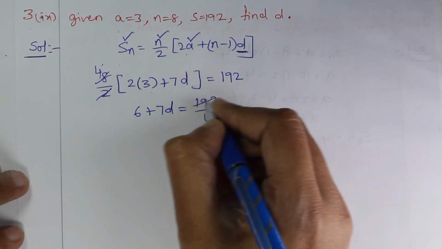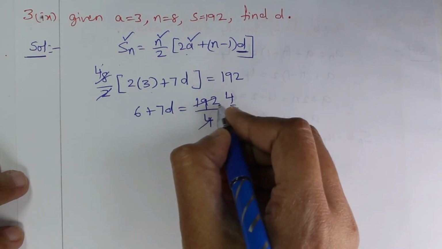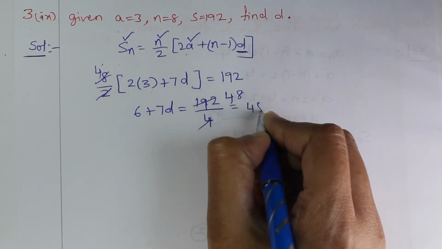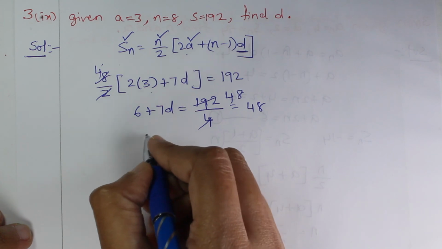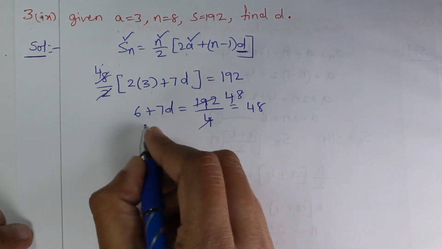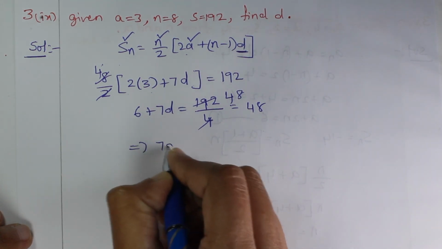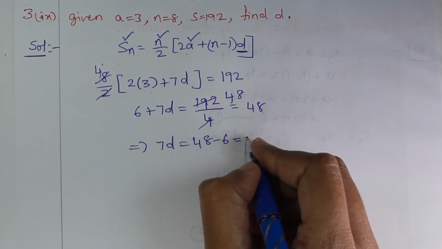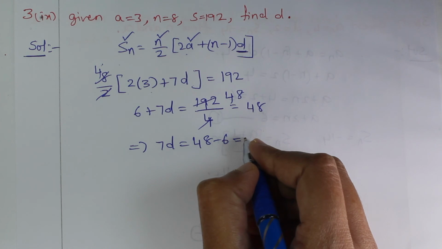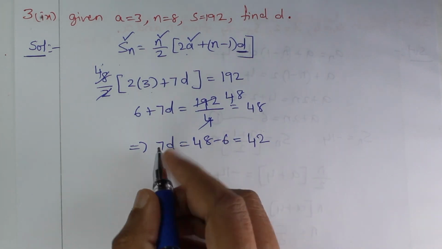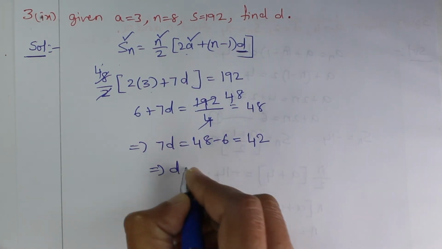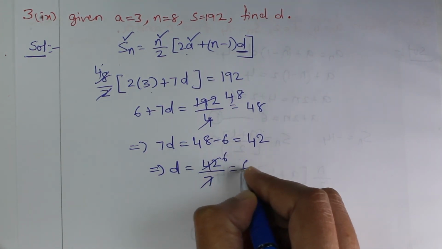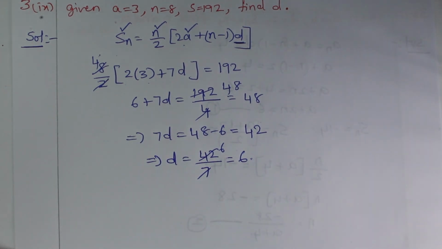That is equal to 48. So that implies 7d is equal to 48 minus 6, that is equal to 42. That implies d is equal to 42 divided by 7. So the common difference is 6.